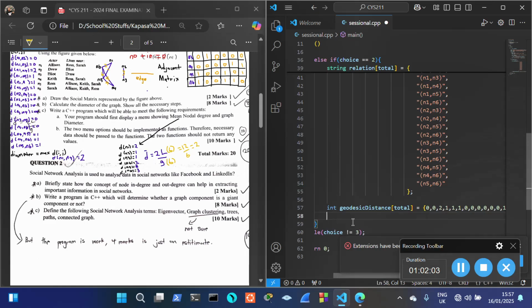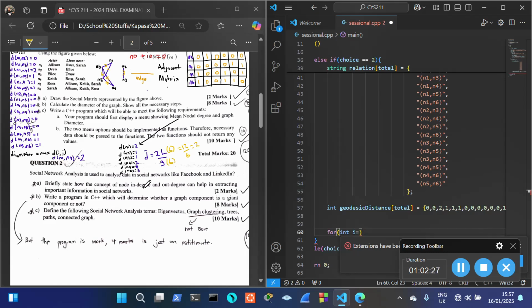So here we can say for int i. i will help us increment to count the values. Since we have 15 values, we can say for i is equal to 1.